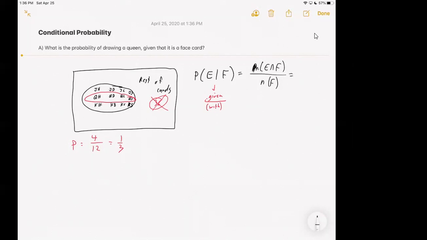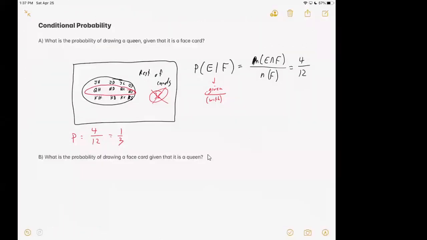So this was the 4 queens over the 12 things left in F. So we don't have to worry about the other 36 cards that are not inside of F. Okay, so that's one example where the first being a queen is a subset of being a face card.